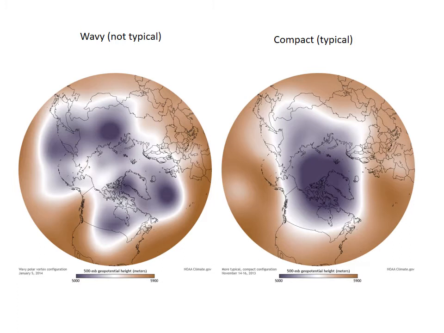I'm sure I'm not describing this in a very articulate way, but on the right hand, you see what's normal, right? This mass of very, very cold air over the Arctic that's for the most part sort of kept there, and then what's not typical is on the left, where the bounds of this sort of extend and they get more wavy, and in some cases they can extend down pretty much into the middle of North America, which is what happened in January and February of 2014.